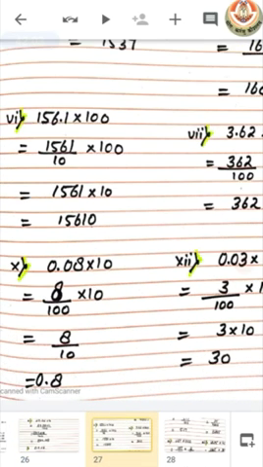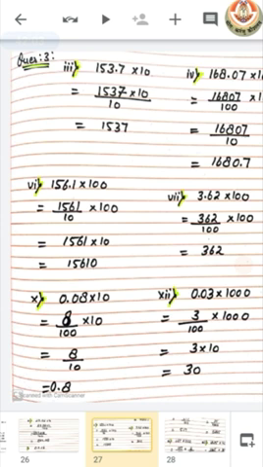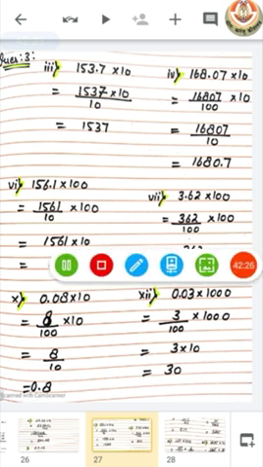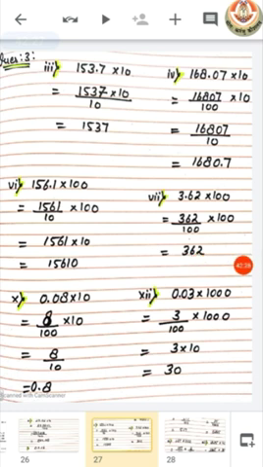Now to multiply with 10, 100 and 1000, let's have a look at how we can multiply a decimal number with 10, 100 and 1000. For this, first we remove or shift the decimal to the right side, and then we multiply them as whole numbers.